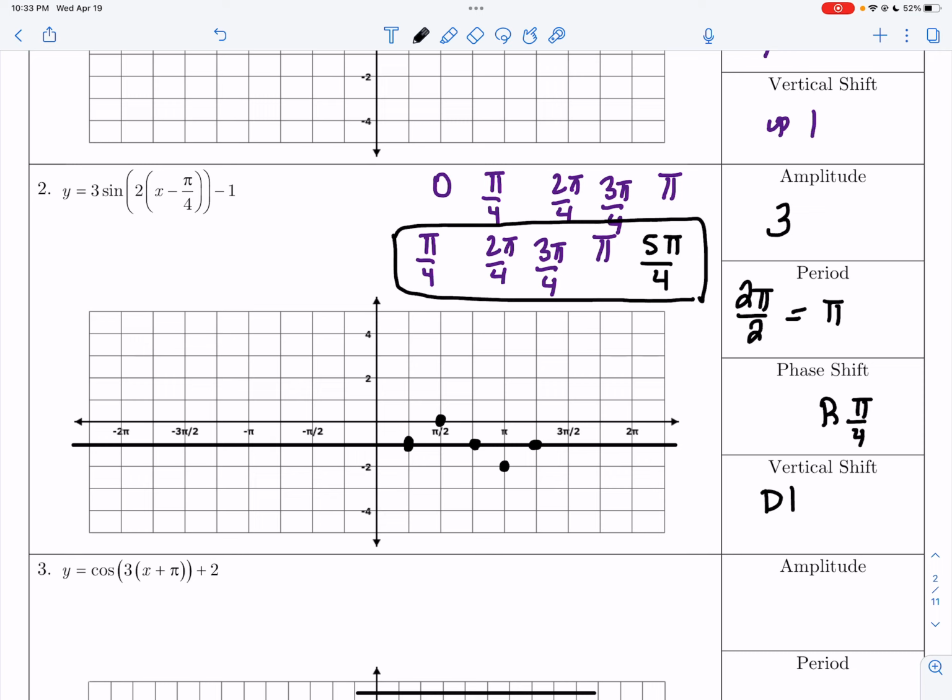Oh, Buddha. This is wrong. Notice how I have an amplitude of 3, so I need to make sure that my distance from my maximum and my midline is 3. That's embarrassing. 1, 2, 3.